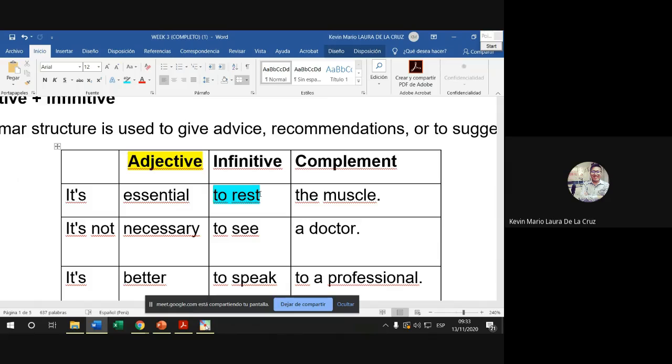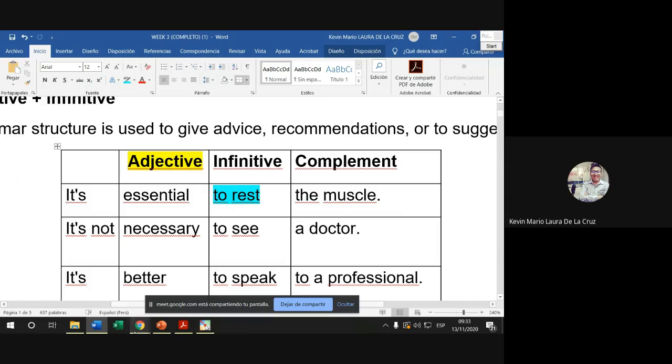On the other side, we see another sentence like this. It's not necessary to see a doctor if you don't feel really bad. You can also take some medicine or just take a nap or rest for a moment before you feel much better, right?